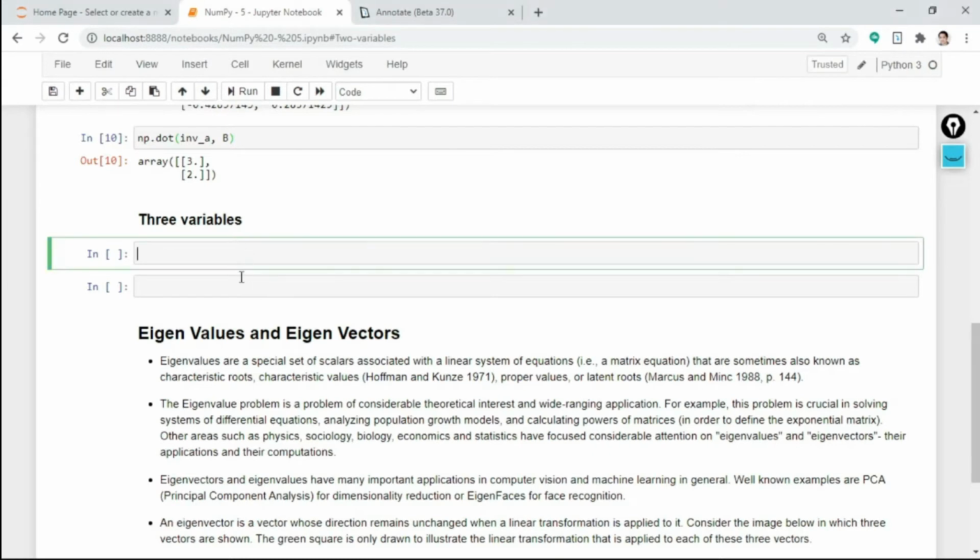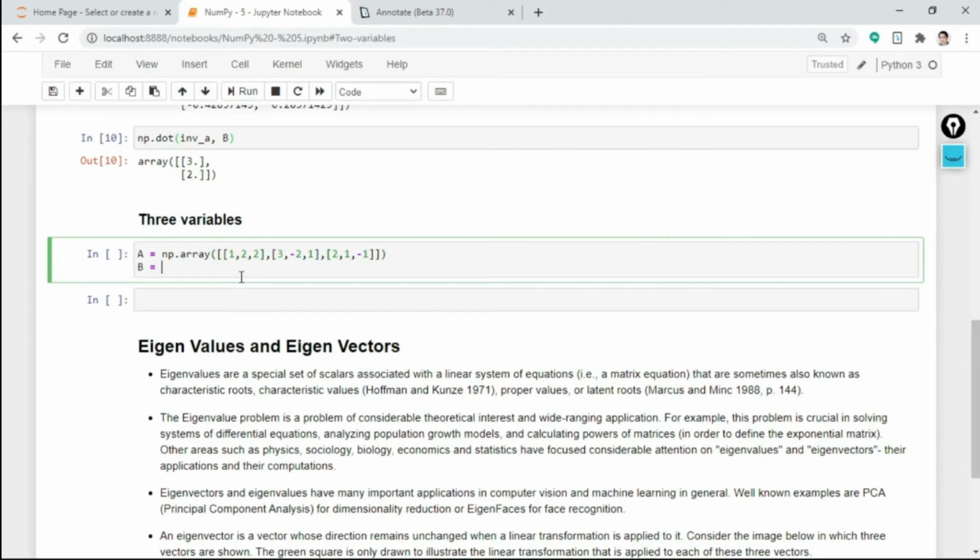So for a 3 variable, let's denote also as A. So np dot array. So we have 1, 2, 2. Okay, then we have 3, negative 2, and 1. Then we have 2, 1, negative 1.